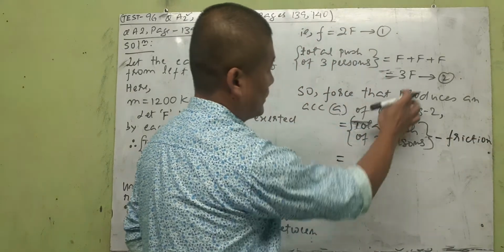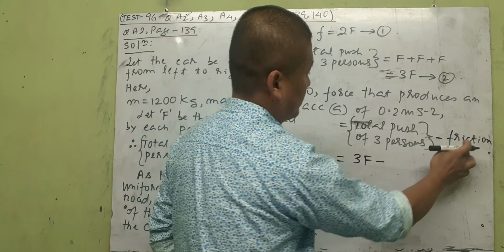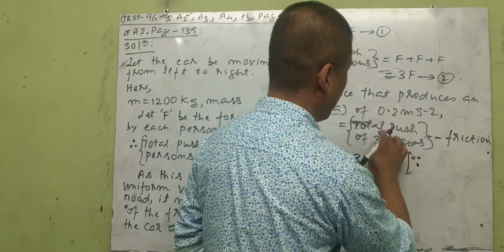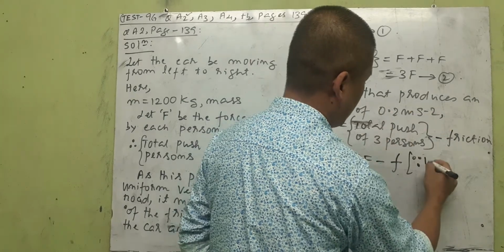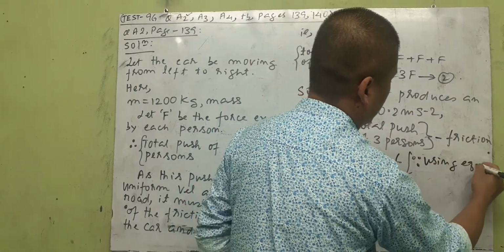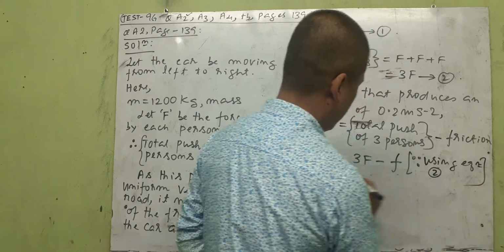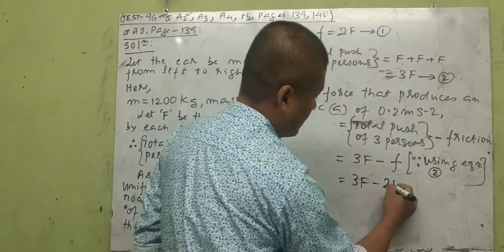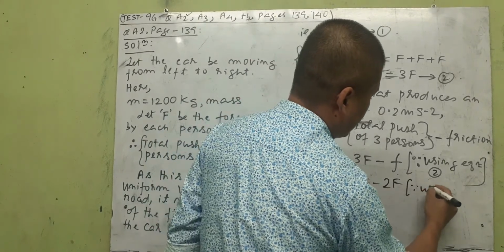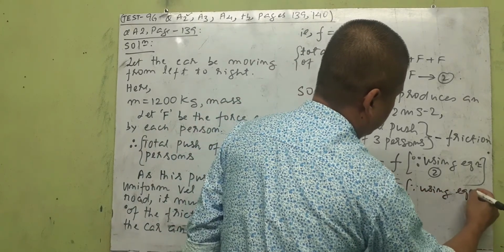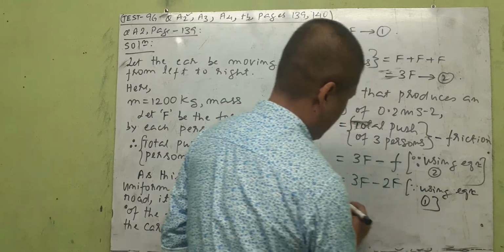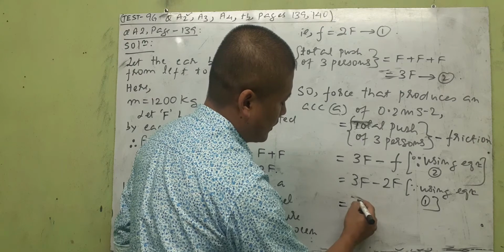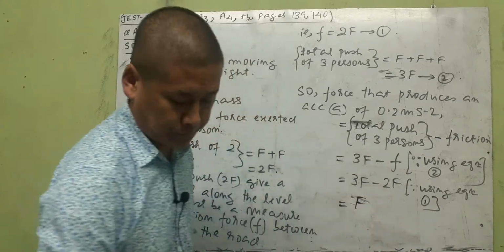So this total push is here 3F minus friction, which is here small f. Since total push of three persons is given in equation number 2, here 3F, and f here in equation number 1 is 2F. So you write here, using equation number 1, 3F minus 2F is 1F, which means F, right?